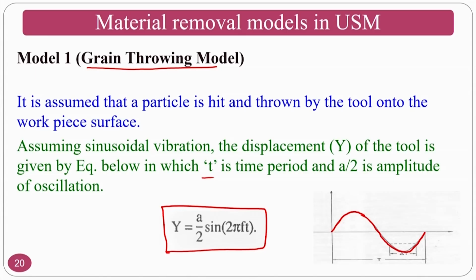Okay. So from this model, what you are going to get is that these sinusoidal vibrations are throwing the abrasive particles. Whenever they throw, the particle gains the kinetic energy from the tool and goes and hits the workpiece. That is what this model specifies.